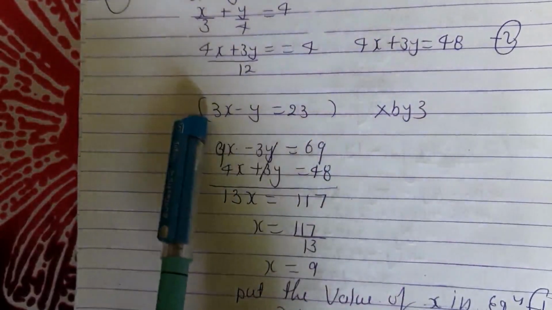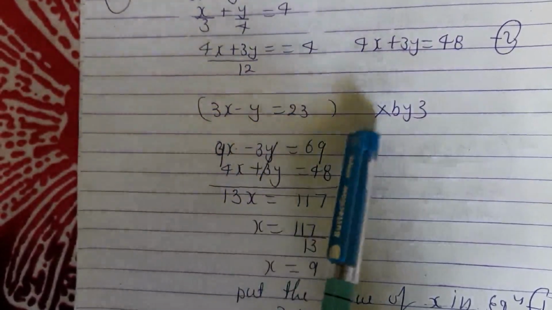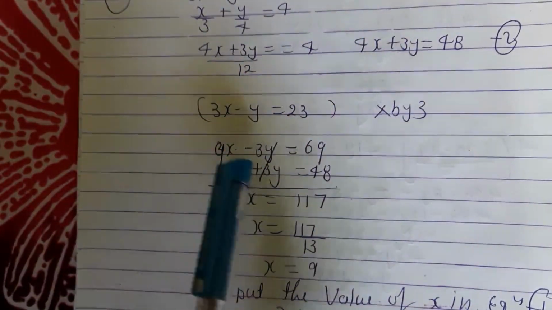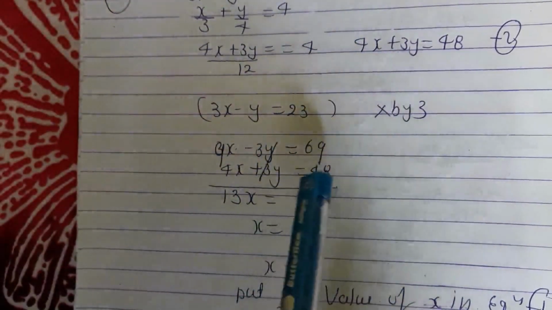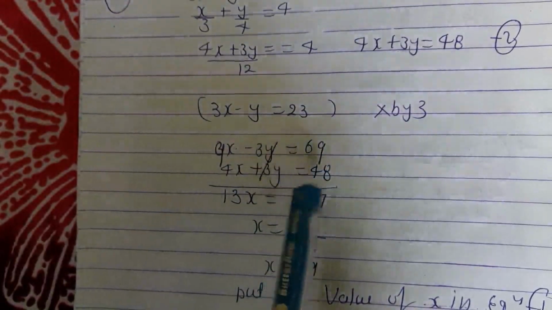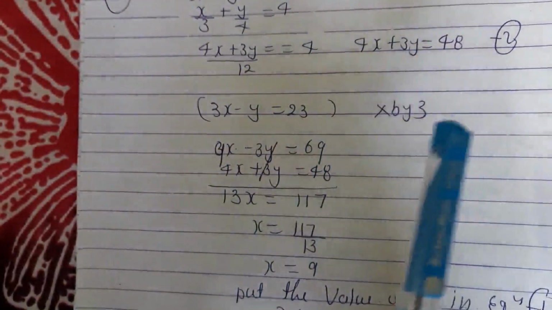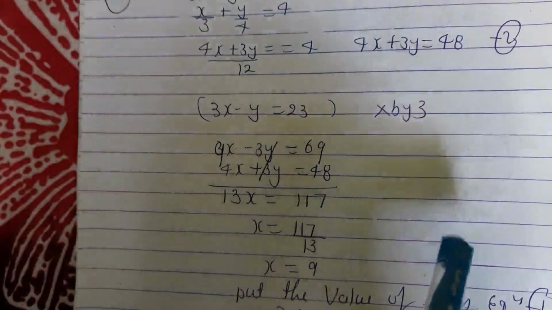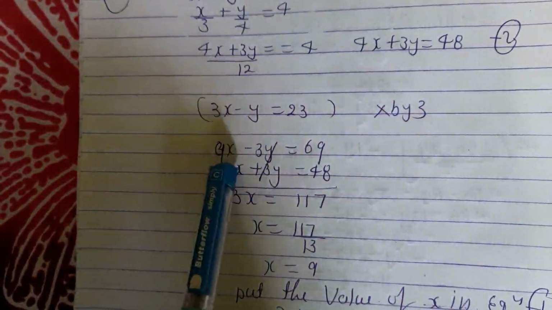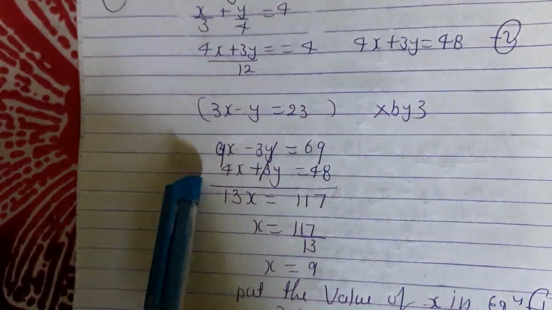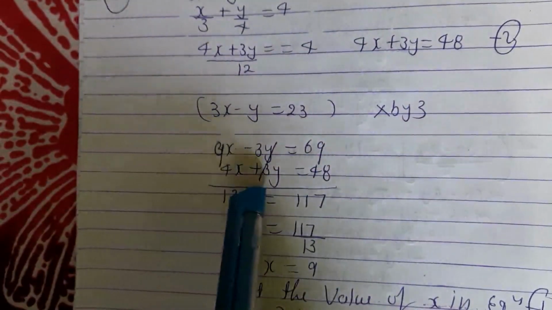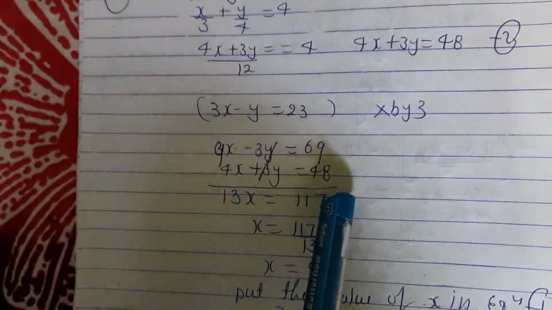So 3x minus y is equal to 23, multiplied by 3: 3 3s are 9, 3 into y is 3y, and 23 into 3 is 69. Now in the first and second equations the value of y is equal, and then we will add. So 9x minus 3y is equal to 69, and 4x plus 3y is equal to 48.